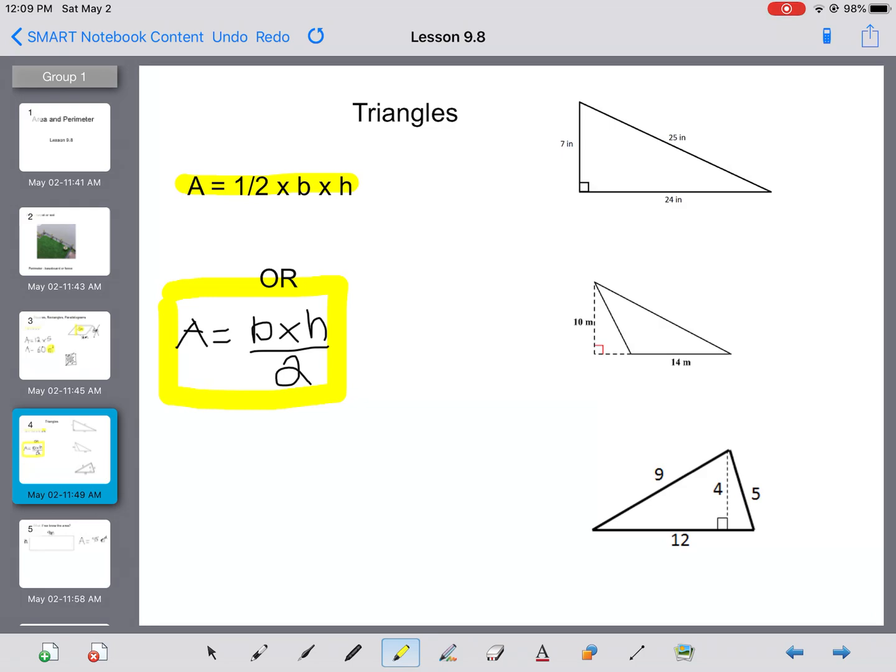So I just wanted to let you see 3 different types of triangles. In this one up here, my height is pretty obvious, right? I have that square angle, I have my base, and the height actually is one of the sides in my triangle. It goes up from a 90-degree angle and it's 7 inches. In the second triangle, I can see my base, and then what they've done is they've drawn the height going out over here, which is 10 meters.